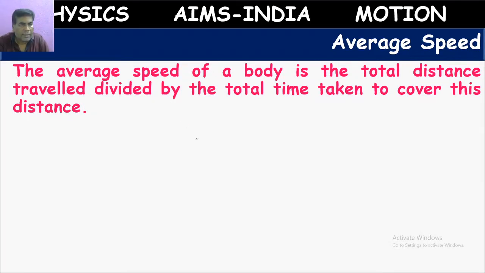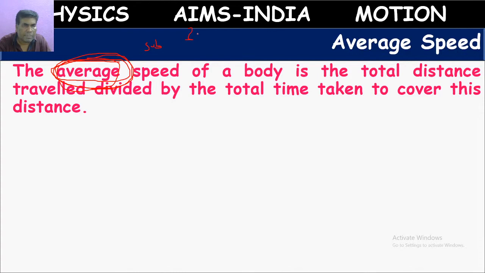So actually, the average speed means, already we know what is the meaning of average. During the exams, after the exam is completed, you might be knowing about these words: subject average, class average.